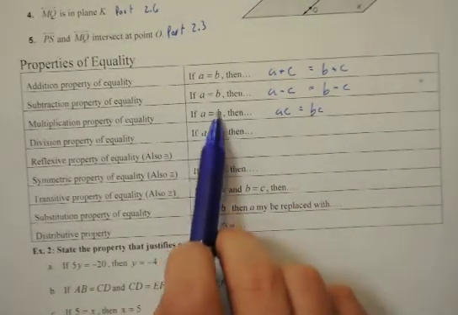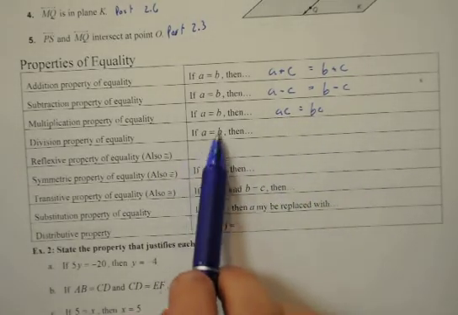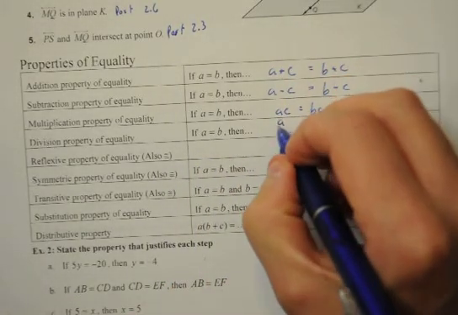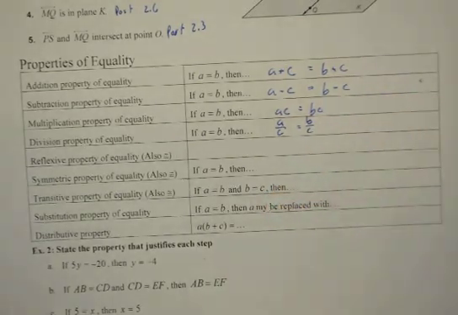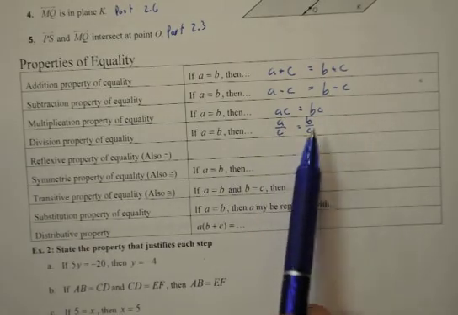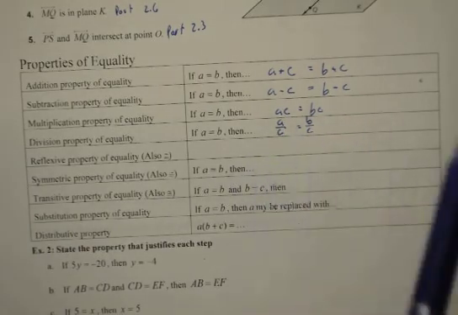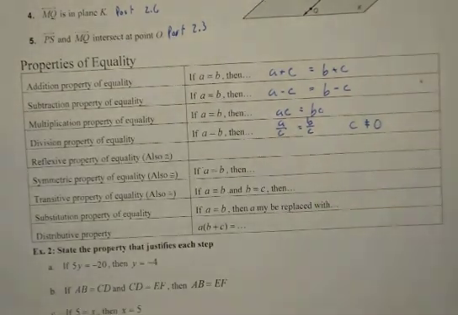So if this is balanced, then this is still balanced. The division property: A over C is equal to B over C. If I divide on one side, I have to divide on the other side to keep things balanced. There's one exception here. C cannot equal 0.